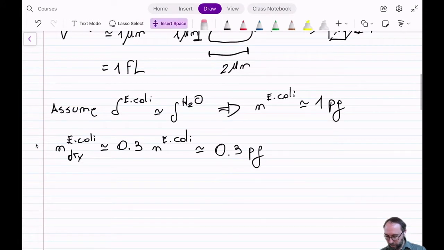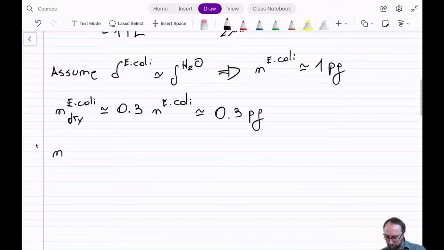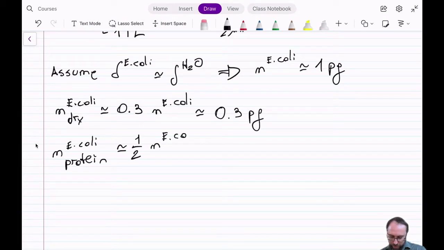Okay, and what is the total protein mass? We're going to say that this is about 1/2 of the dry mass. That half of the dry mass is dedicated to proteins, which then tells us that we're at 0.15 picograms.